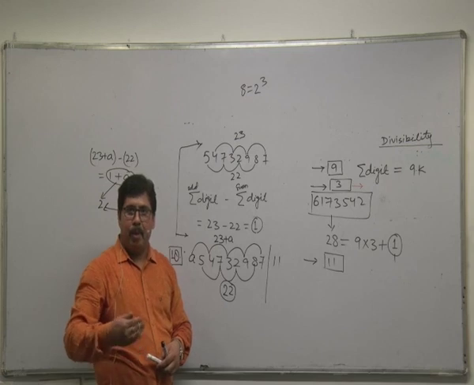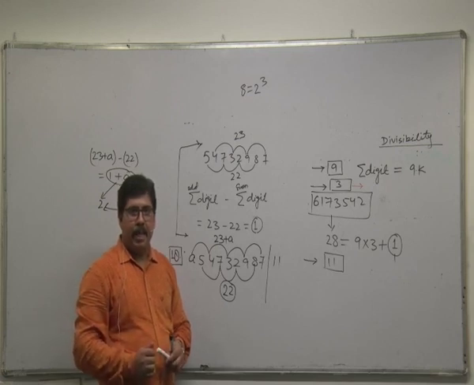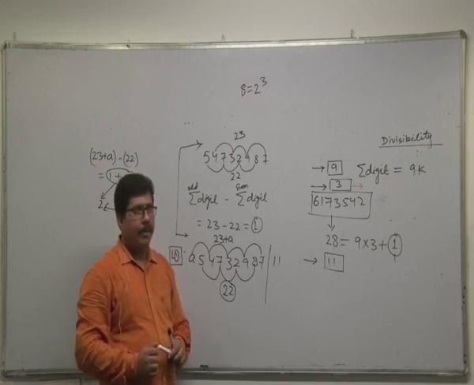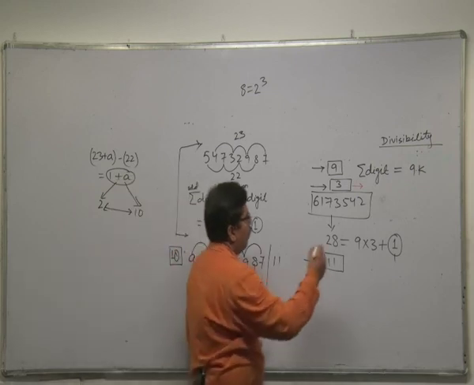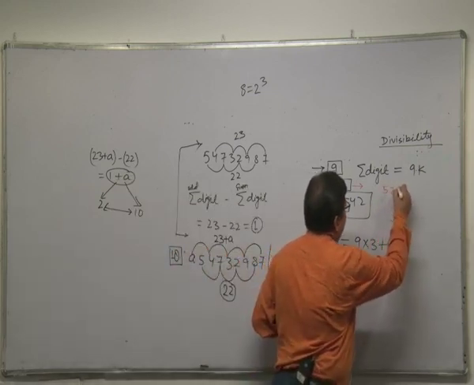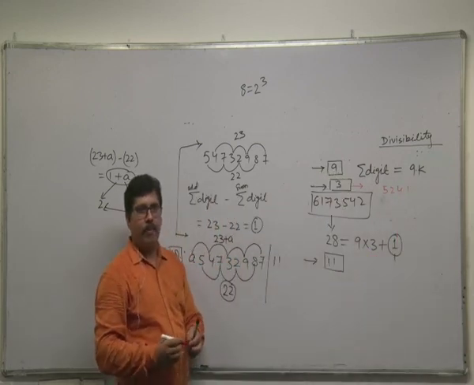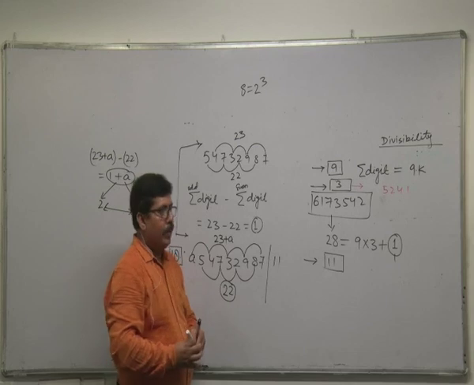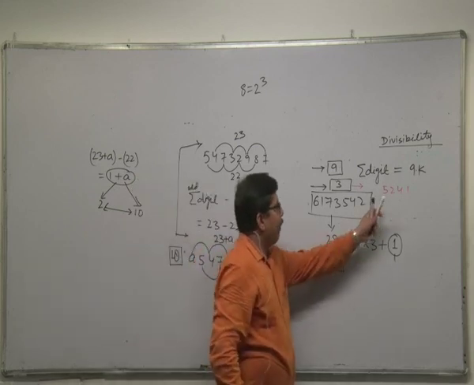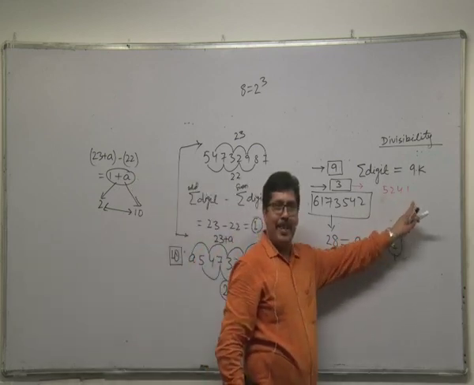Any number is a multiple of 3 if the sum of the digits is a multiple of 3. So, suppose my number is 5, 2, 4, 1. Can I say this number is a multiple of 3? 5, 2, 4, 1.